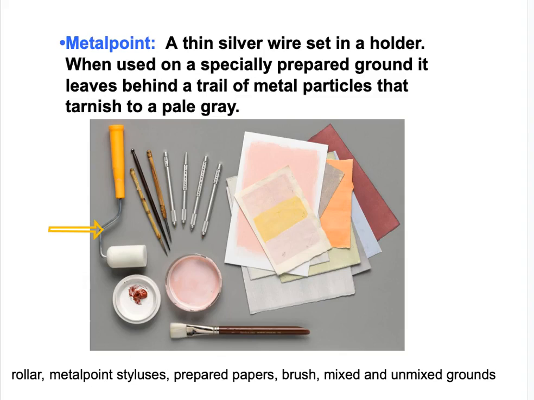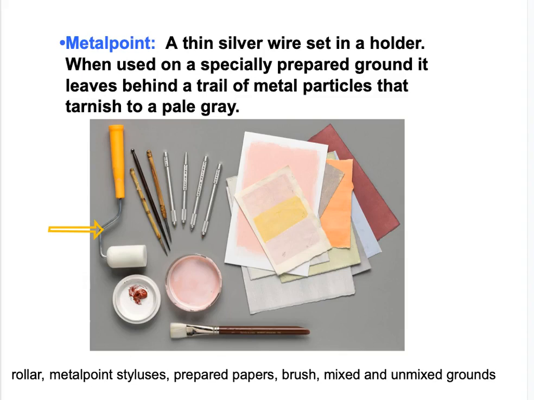There has to sometimes be calcium carbonate or different types of materials in the ground that's going to work for the material we're using. This one almost has to get to a chalky type feel when you apply the ground to your paper, because you want that metal to scrape and leave a trail of its metal behind. So it's a very specific ground that has to be applied.